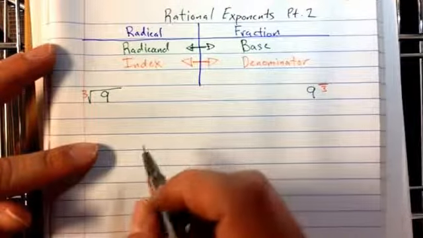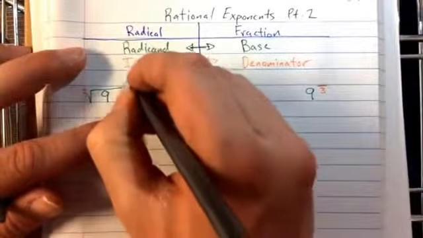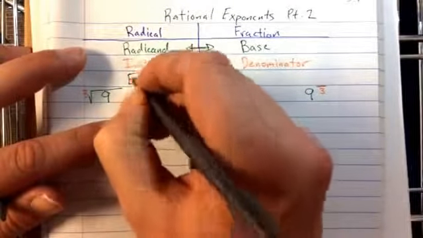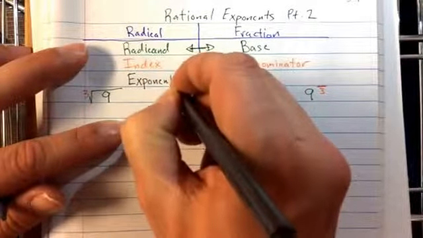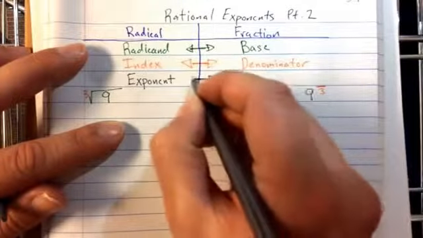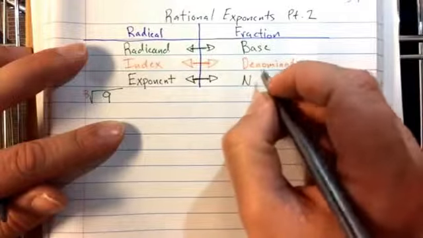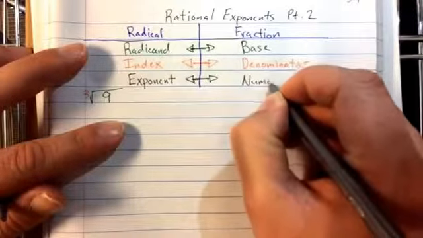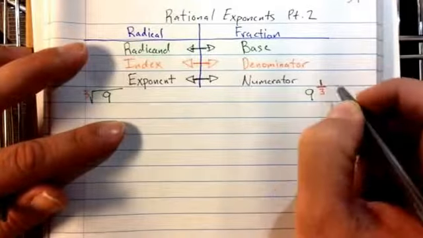Today, this is going to be the new portion. The exponent of the radicand, or the radical, what does that become? The numerator. And vice versa.